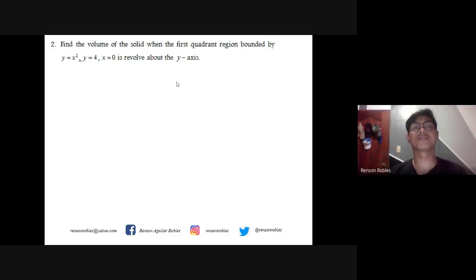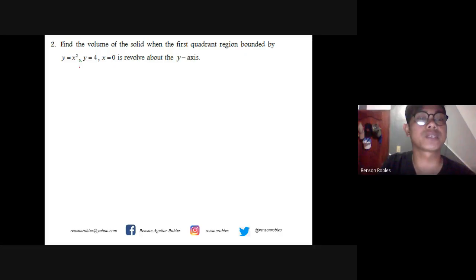Find the volume of the solid when the first quadrant region bounded by y equals x squared, y equals 4, x equals 0 is revolved about the y-axis. Okay, this is a parabola that opens up.